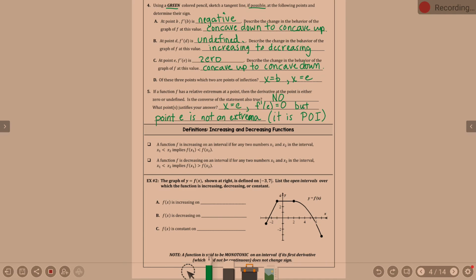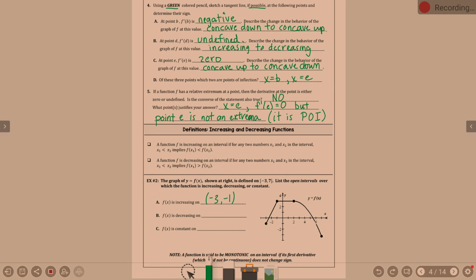The graph is shown, defined from -3 to 7. List the open intervals over which the function is increasing, decreasing, or constant. So we talked about open intervals. I want x values. When is this increasing? From where to where? -3 to -1. I just used interval notation.